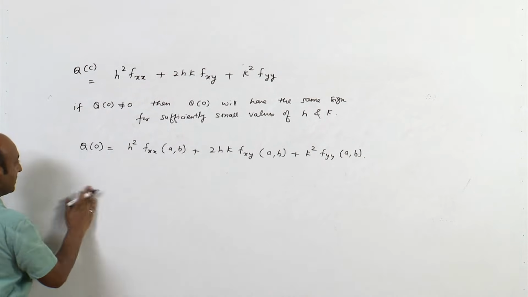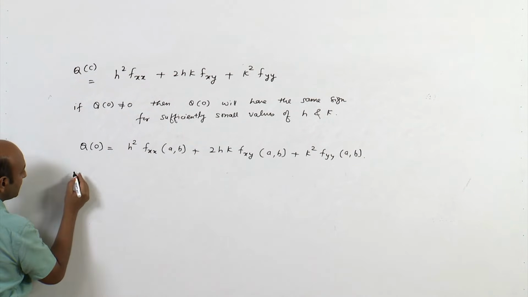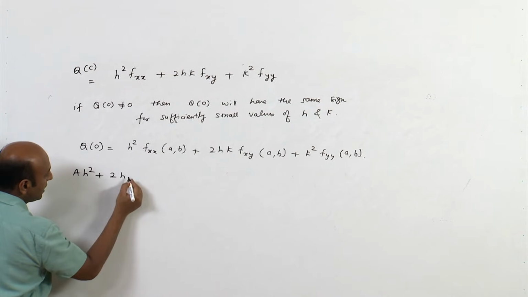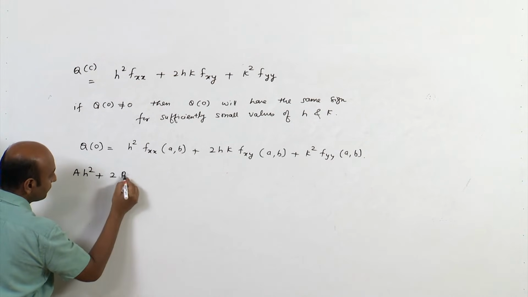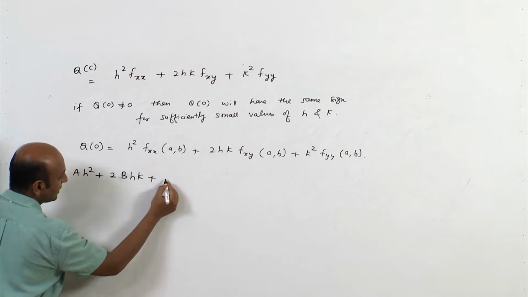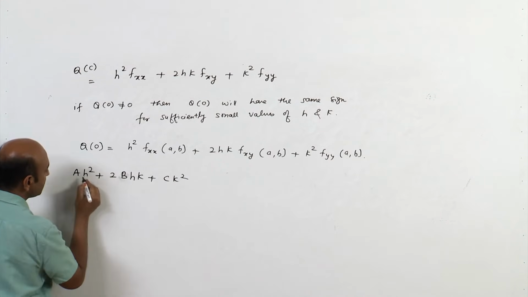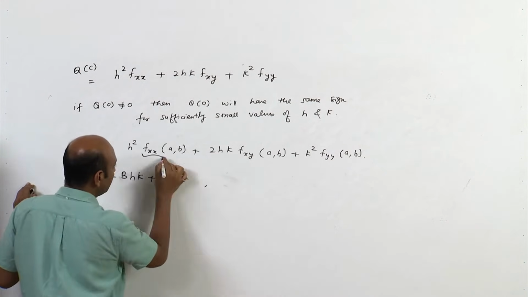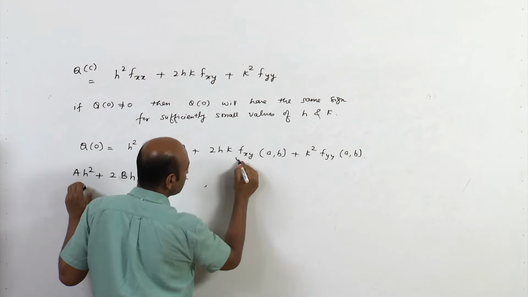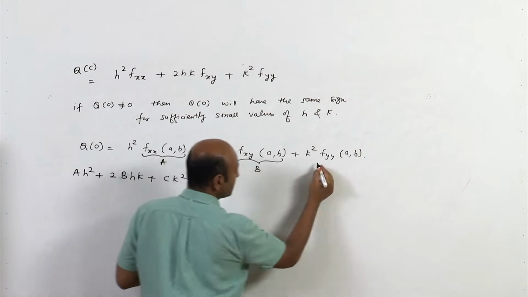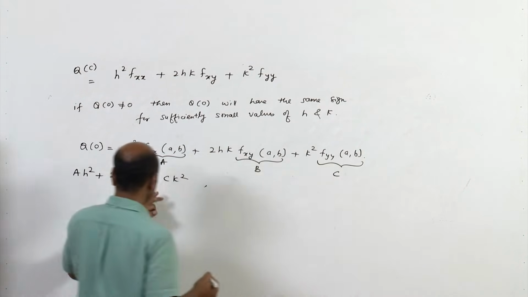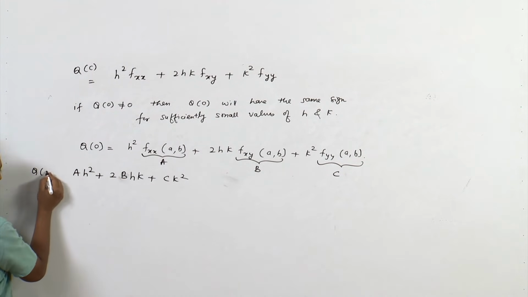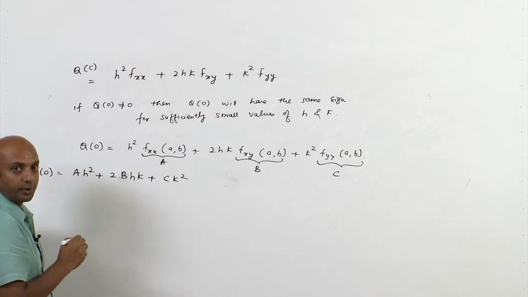Let us see. Suppose this is A h square plus 2 B h k plus C k square. Suppose this is capital A, suppose this is capital B, and suppose this is capital C. Now, make a perfect square.